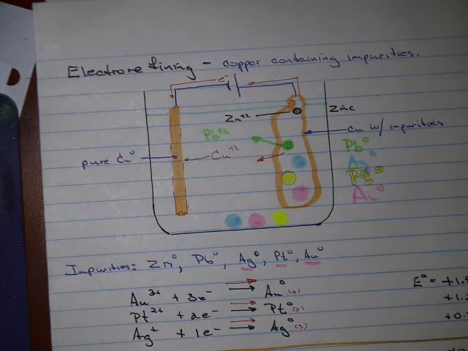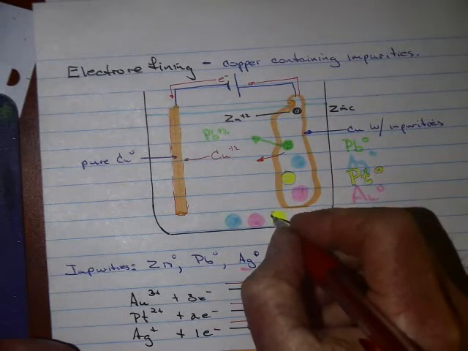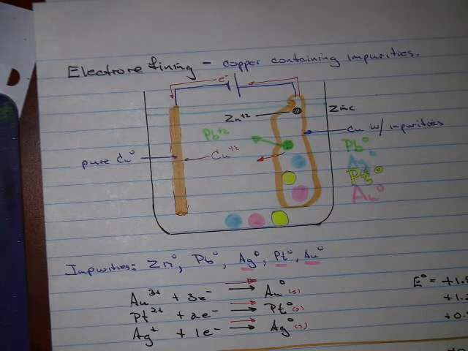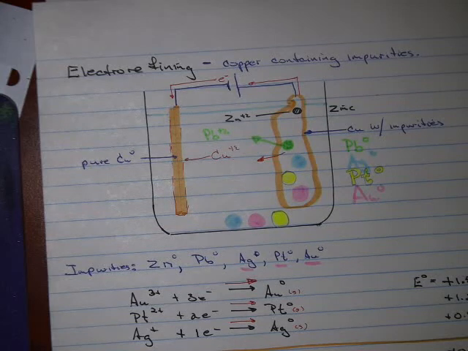So now you've collected some really valuable metals worth a lot of money from an impure sample of copper.